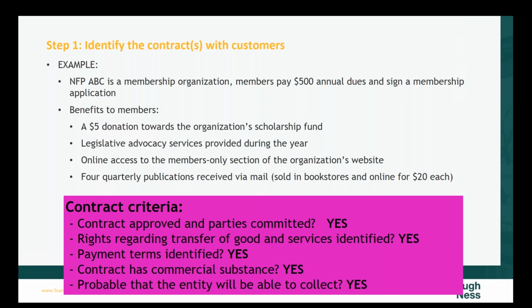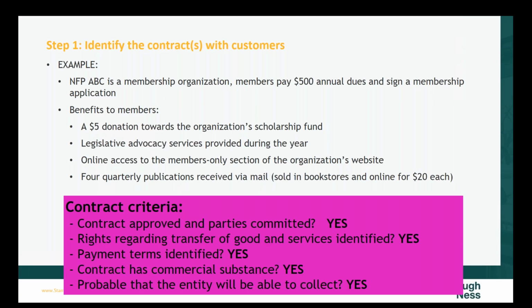And is it probable that the entity will be able to collect? Based on the information that we have, we can't really make that determination. But essentially, nonprofit ABC could look back at the history of this member. If they have been a member for years, and if there hasn't been any issue collecting payment, then essentially they can say, yes, we're good to go.